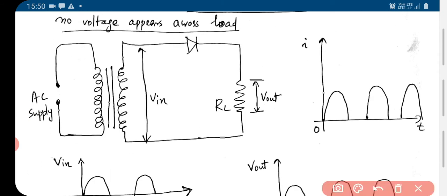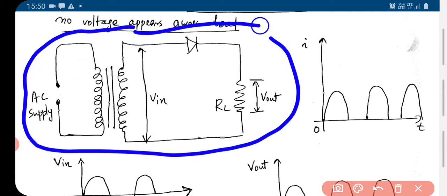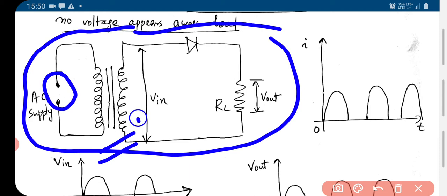So this is the circuit that we are going to use for half wave rectification. We see the AC power supply here. This is a transformer. This part is the secondary of the transformer, from which we take the voltage. This is the input voltage of the rectifier.